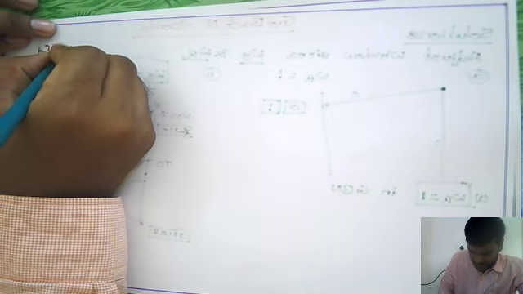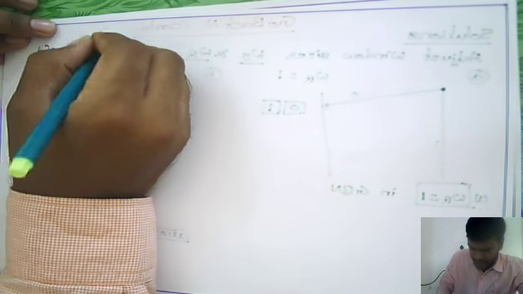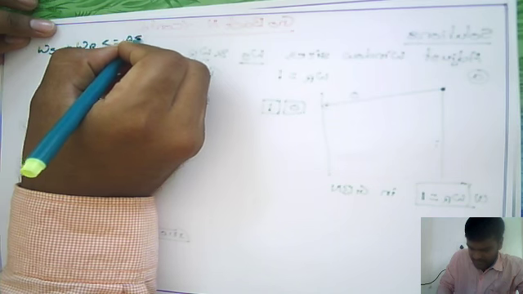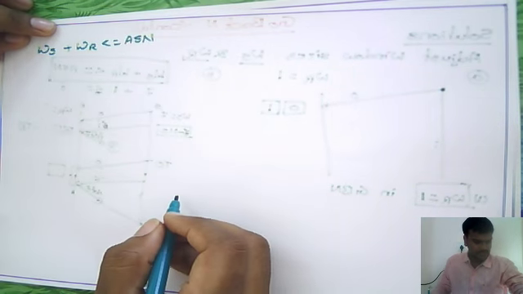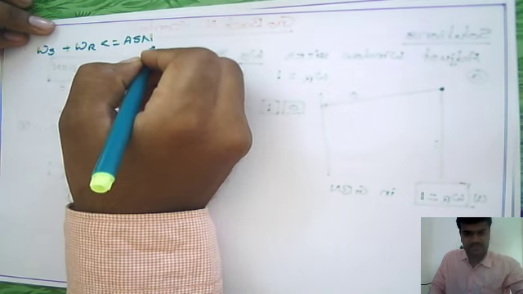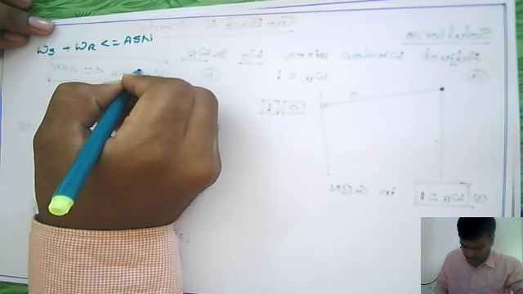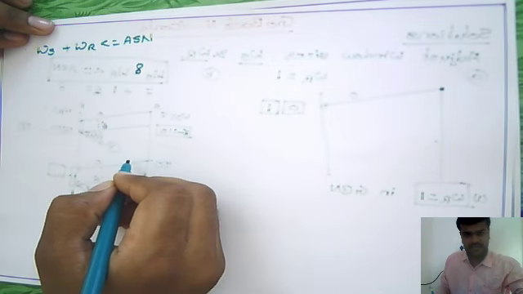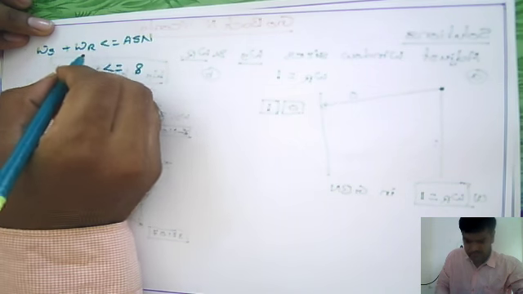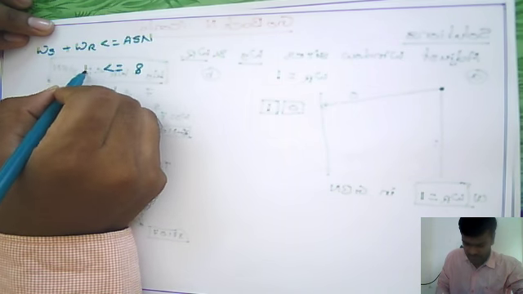Window size of sender plus window size of receiver is less than or equal to assigned sequence numbers. Assume that total available sequence numbers are 8, and as we said, the window size of receiver is 1.